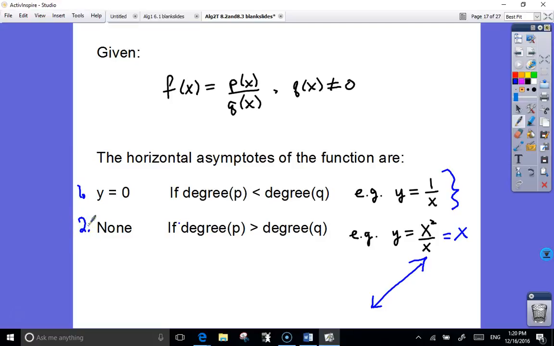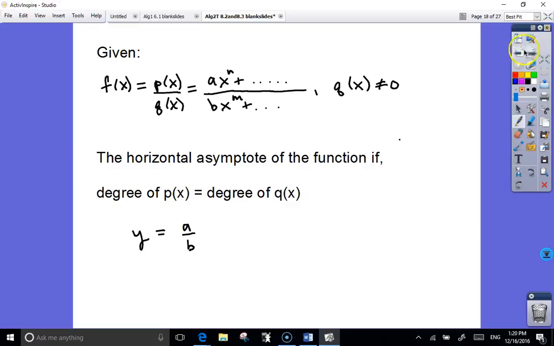So which is the case that's not included on this slide? Equal, right? We've got the degree of the numerator is less. We've got the degree of the numerator is more. But we don't have what happens if they're equal. And if they're equal, then if I write the p of x and q of x like we did in the chapter on polynomials, standard form, highest degree term on the left, right?